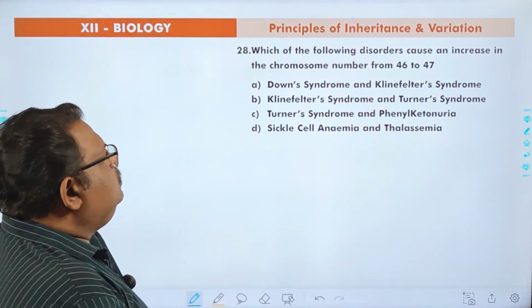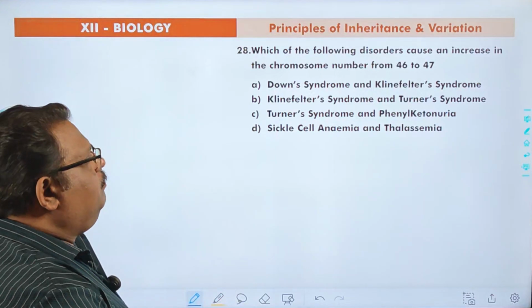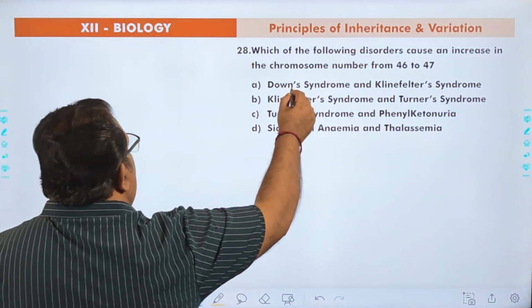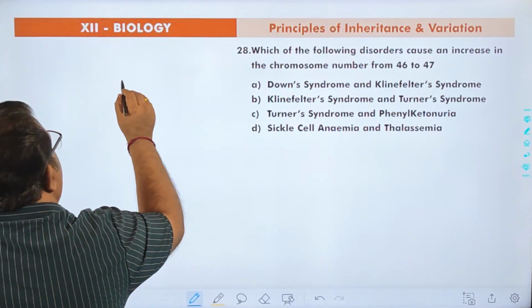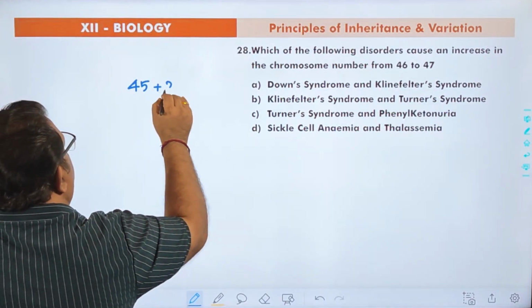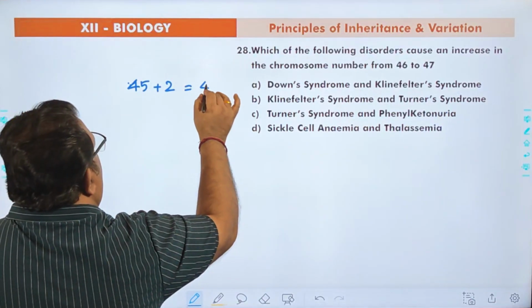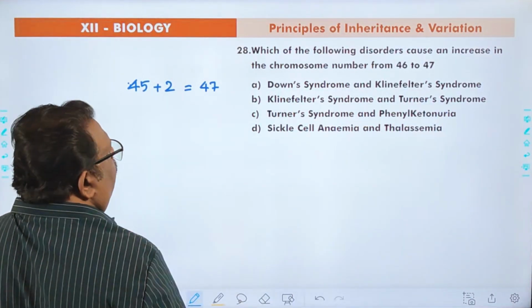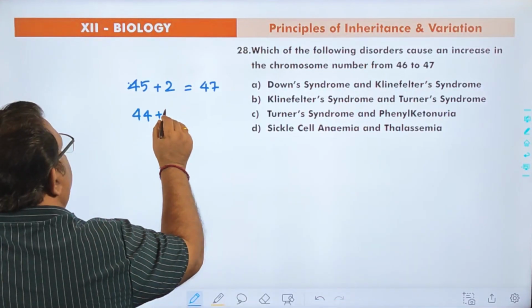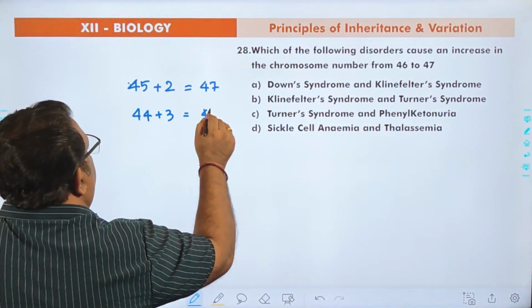Next one. Which of the following disorders cause an increase in the chromosome number from 46 to 47? In Down syndrome, 21st trisomy means the number of autosomes is 45 plus 2 sex chromosomes, so the total number will be 47. In Klinefelter syndrome, the number of autosomes is 44 plus the number of allosomes is 3, so that is 47.